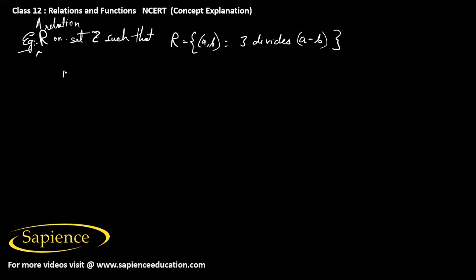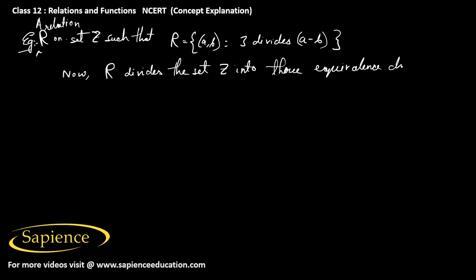Now the relation R divides the set Z into three equivalence classes, which are A1, A2, and A3.